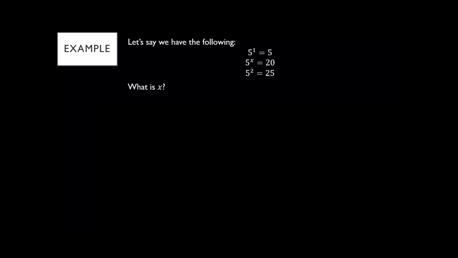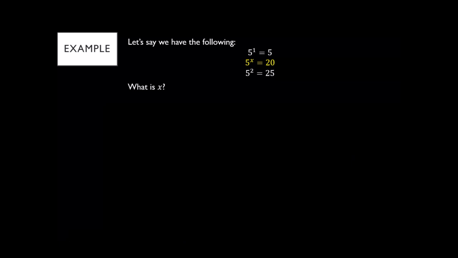Let's say you know that 5 to the first power is 5, and you know 5 squared is 25, but you want to know 5 to what power gives you 20. So your question here is 5 to the x equals 20, and you're trying to find x. Well, we know it's not 1 and it's not 2.